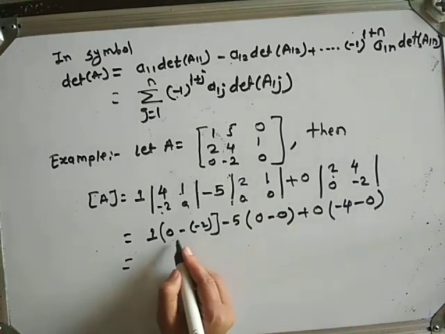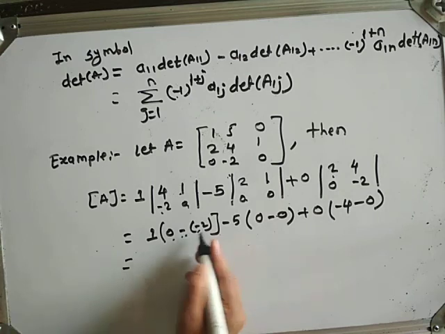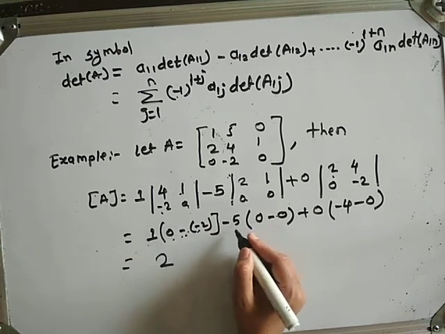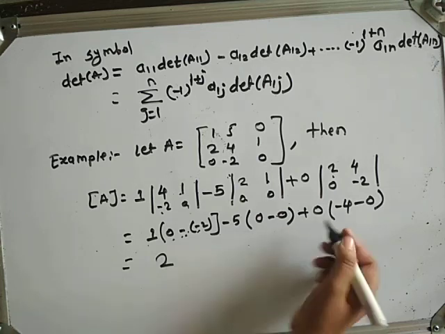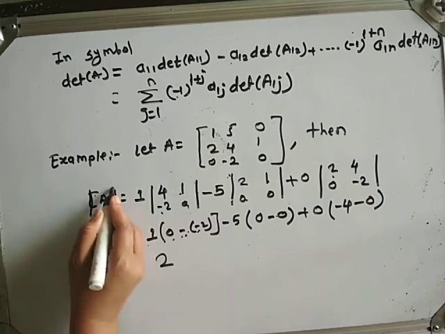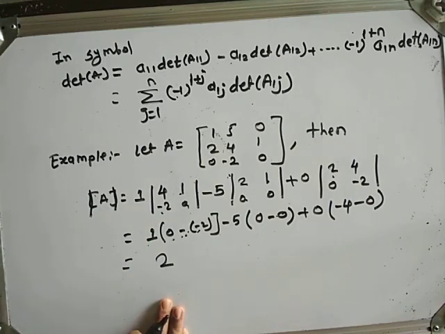Which is equal to, here 0 minus minus becomes plus, so this is 2, 2 into 1 is 2, minus 5 into 0, plus 0. So the determinant of A is equal to 2. We will stop here. In the next video we will see some more examples on determinants.